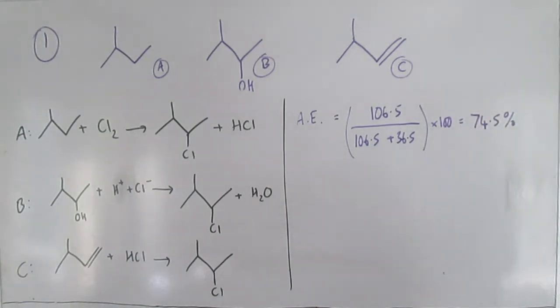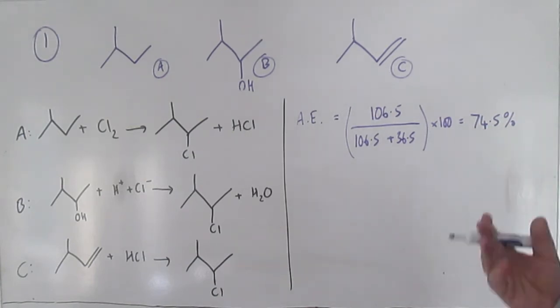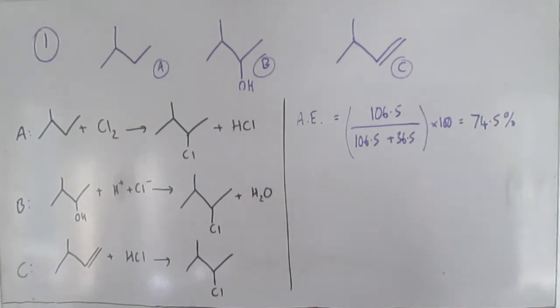So what that means is that 74.5% of the mass of the starting materials you put in actually ends up as the useful product, and that's why atom economy is a useful number, because it gives you a feeling for what fraction, expressed in terms of mass, of the stuff that you put into the reaction ends up as something useful.